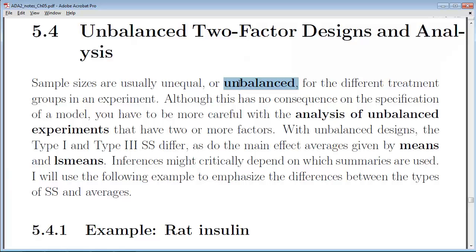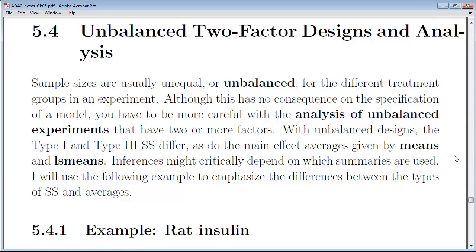An unbalanced design might happen accidentally if you've allocated your observational units equally and then something bad happens for some of your observational units so that you can't collect data. For example, you are conducting experiments on rats and you accidentally kill some, and then you don't get to take those measurements later.